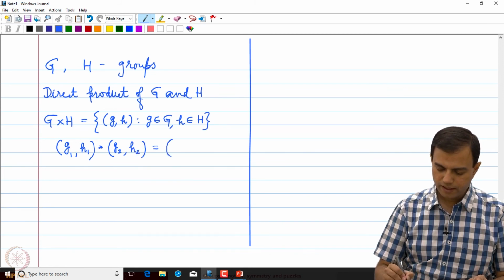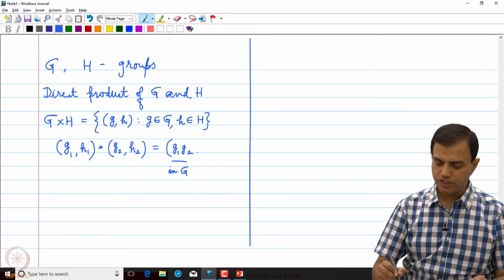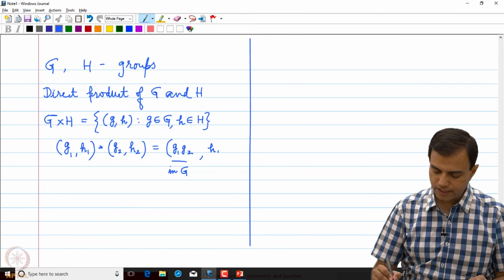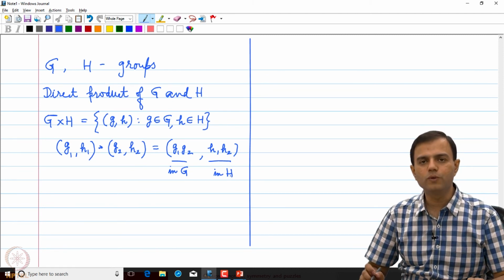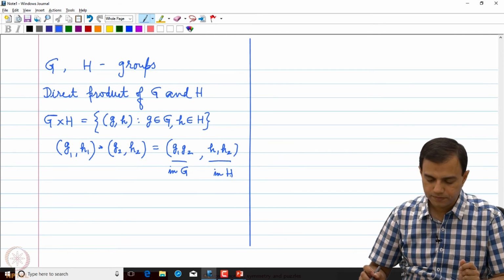You simply take the first coordinate to be G1 G2, and where is it happening? We are having this operation in G, and then you have the second coordinate as H1 H2, and where is it happening? It is happening in H. So you can simply construct a new group out of two given groups.